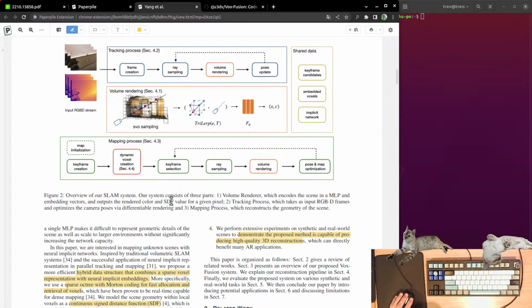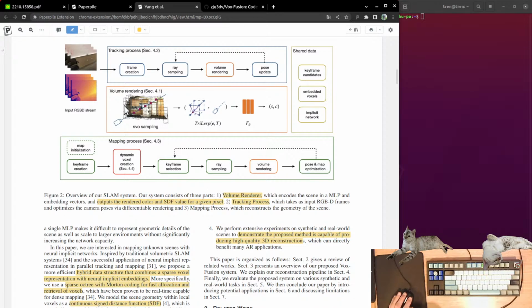Okay, so they have three parts. They have one, the volume renderer, which encodes the scene in an MLP and embedding vectors and outputs the rendered color and SDF value for a given pixel. Okay. So this is the nerf. Tracking process, number 2, which takes as input RGBD frames and optimizes the camera poses via differentiable renderings.